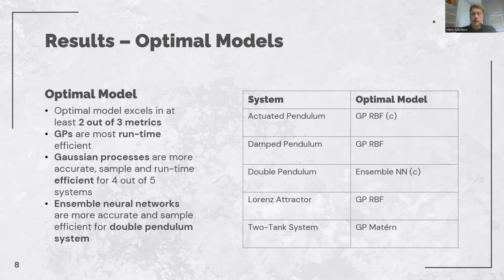So they are the most runtime efficient models for all systems. And for 4 of the 5 systems, they're also the most accurate and the most sample efficient. Only for the double pendulum, the ensemble neural network model was the better choice.